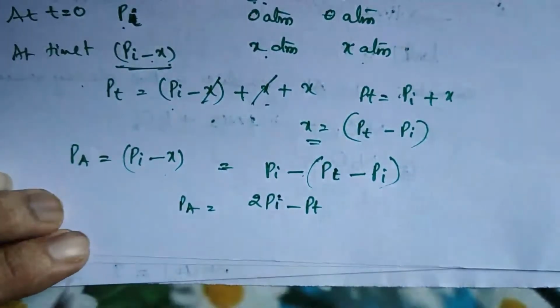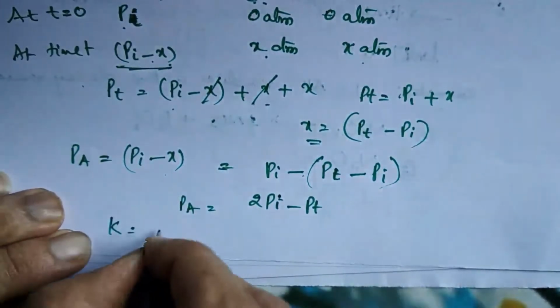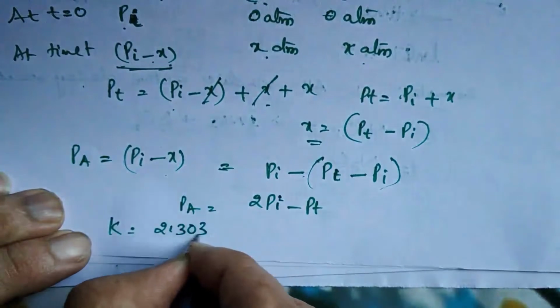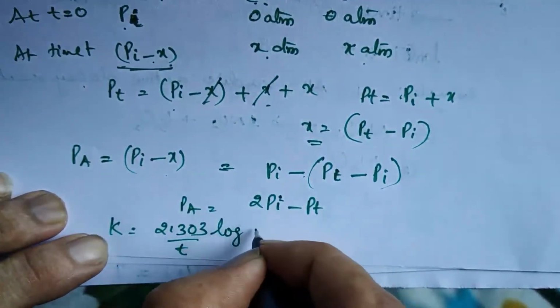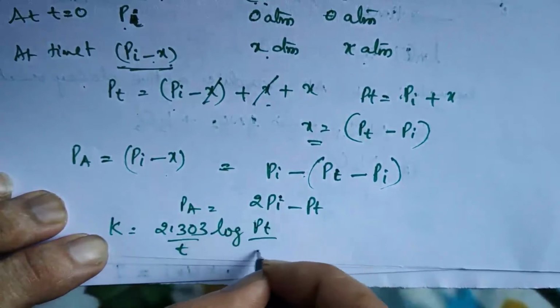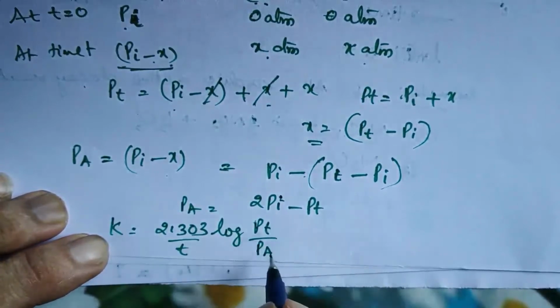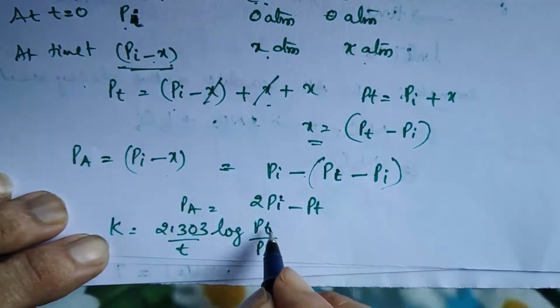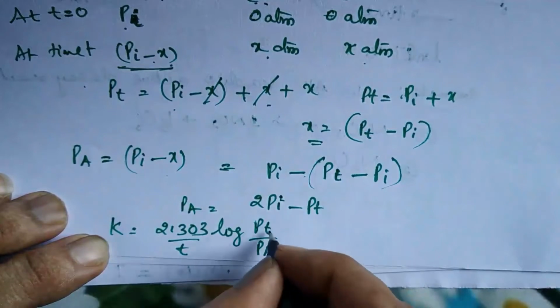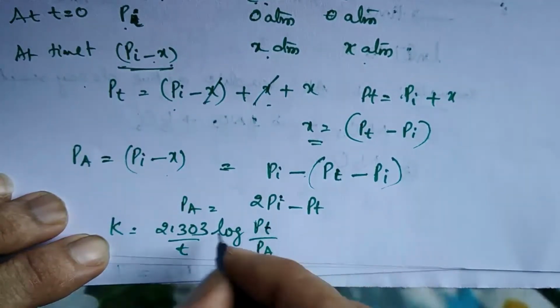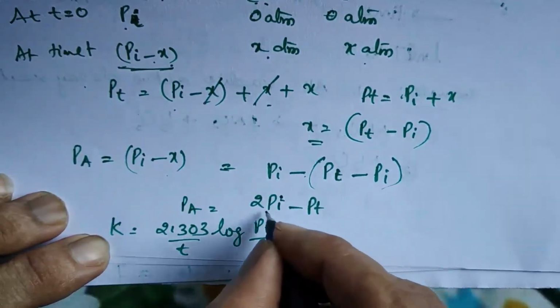So as per the rate constant, K is equal to 2.303 by t into log PT by PA. PT is the total pressure of the gas, and PA is the partial pressure of gas A. Whereas PA is equal to 2PI minus PT.